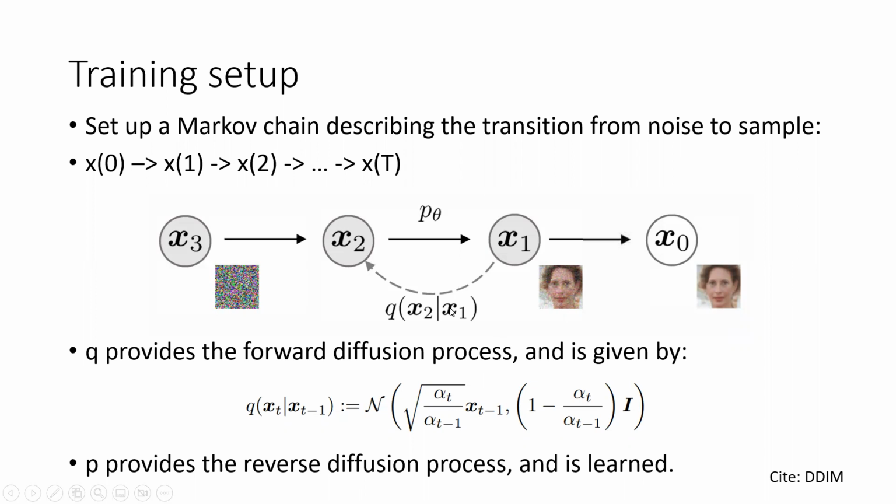There's nothing learned there. We're just gradually adding noise to an image. The secret sauce is this p sub theta. We are going to learn a reverse diffusion process, p sub theta, that learns to remove noise from a sample x3 all the way until we achieve a sample from our data distribution x0.